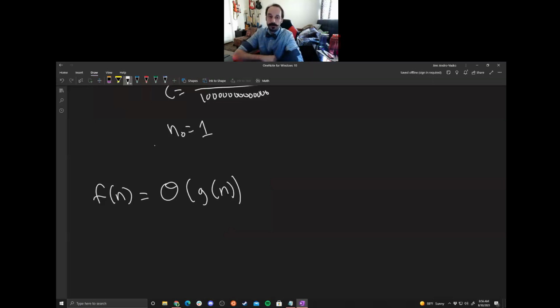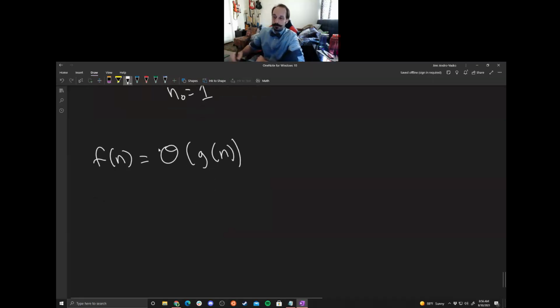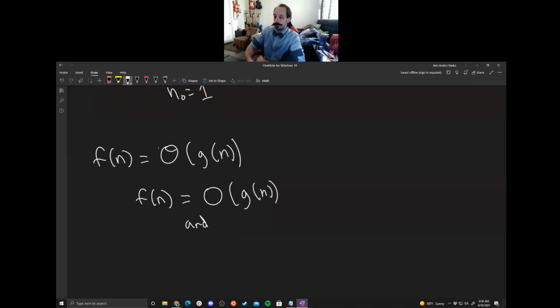In order for this to be correct, f of n has to be O of g of n, and f of n has to be omega of g of n. If both of these are true, then f of n is equal to theta of g of n.